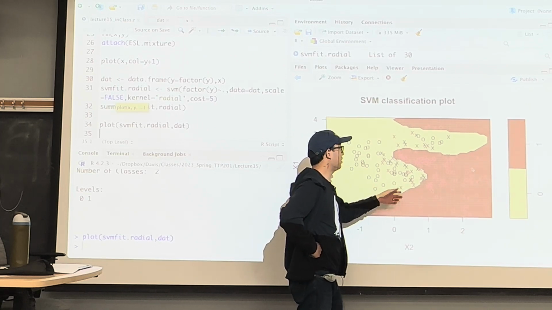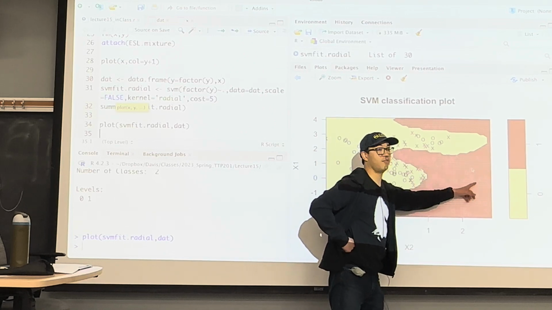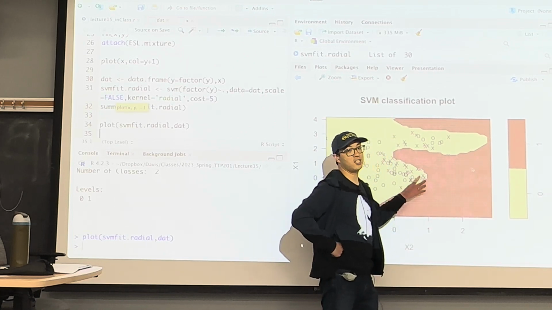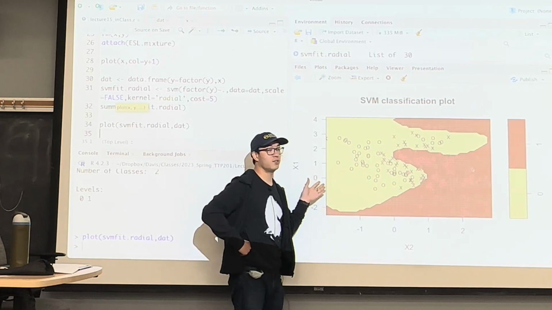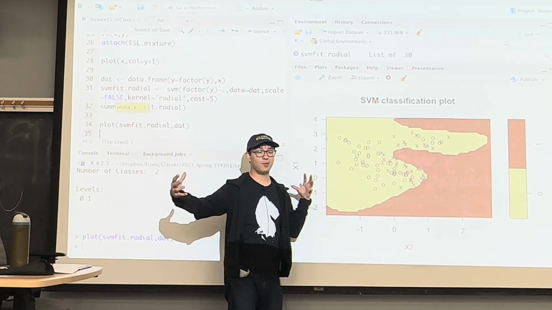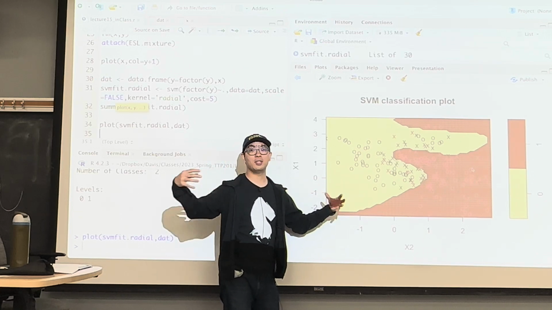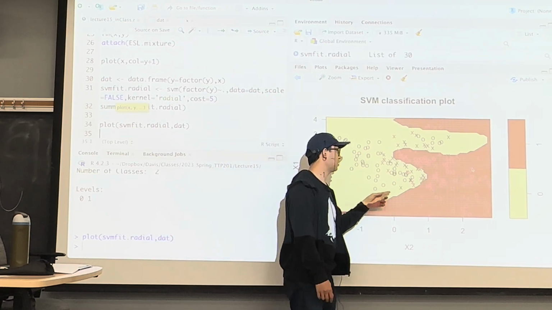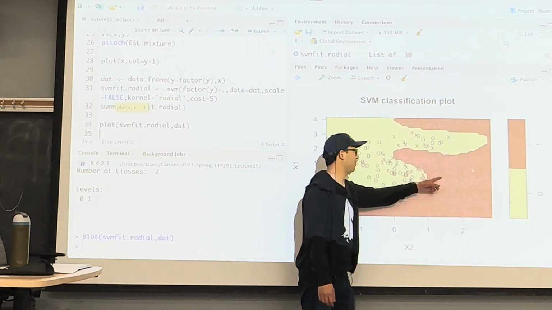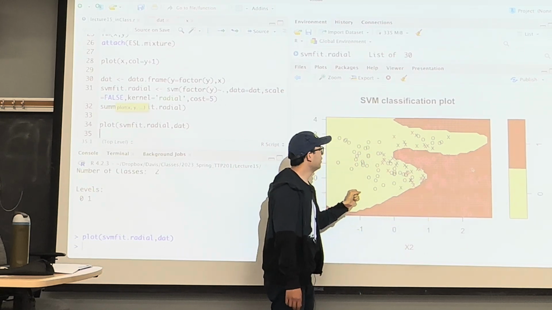And you will note that there are X's that actually go pretty far into here. They're not just on the border. And this is because when we think about the kernels, it has this whole bandwidth argument that thinks about points not just localized nearby. And so you may have X's all the way down here.